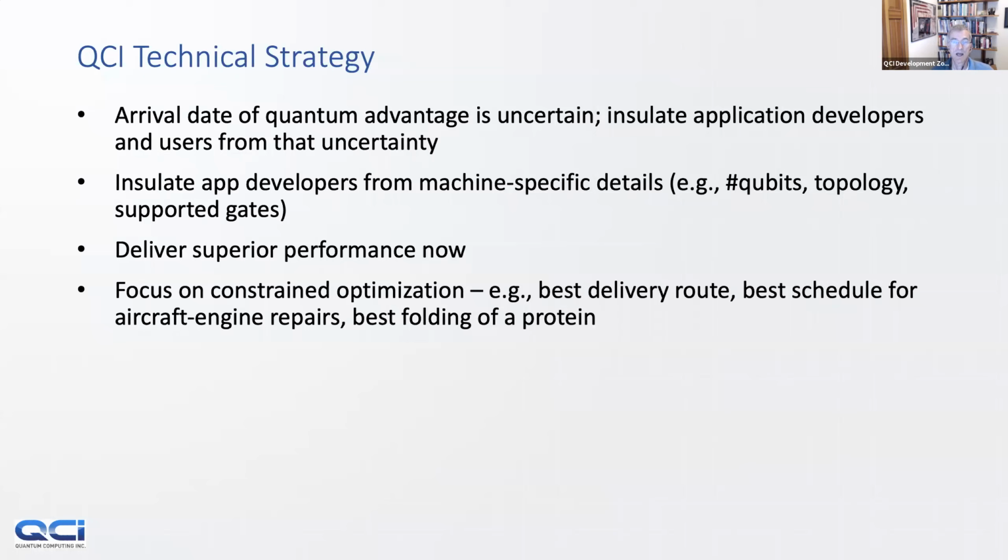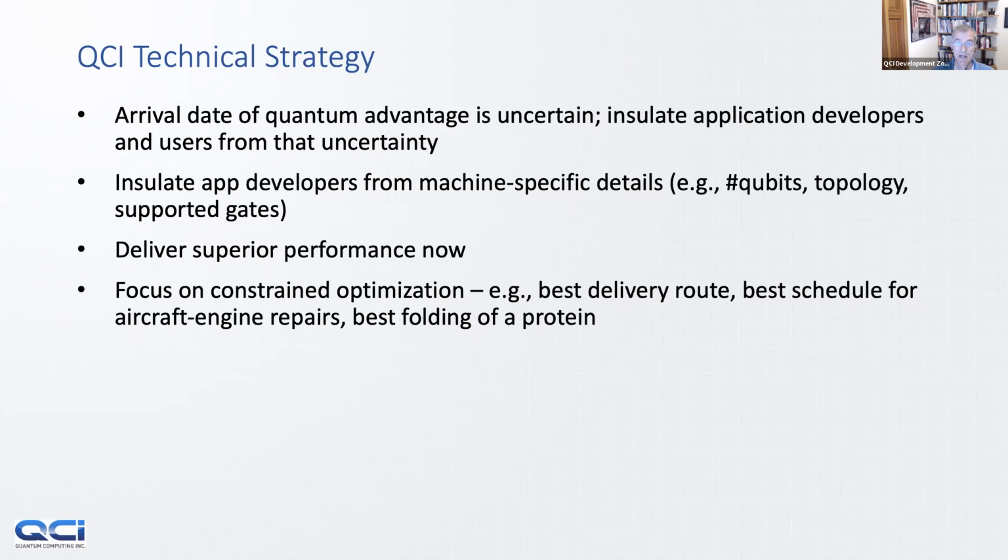We also want to insulate application developers from machine-specific details: the number of qubits, the topology, the specific supported gates, et cetera. Number 3, as I said earlier, we want to deliver superior performance now. This is not quantum performance, so it's not 1,000 or 1,000,000 times faster, but we feel like to be successful in the marketplace, we have to deliver some performance benefit now.